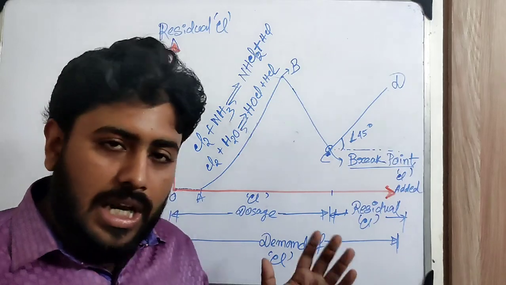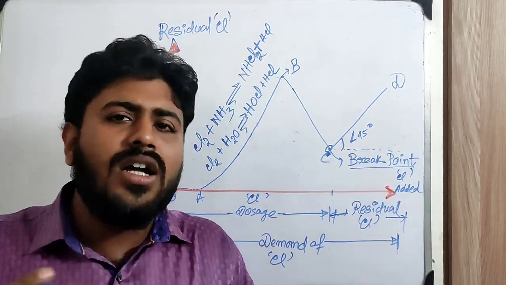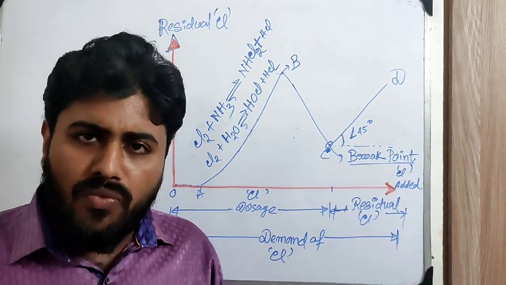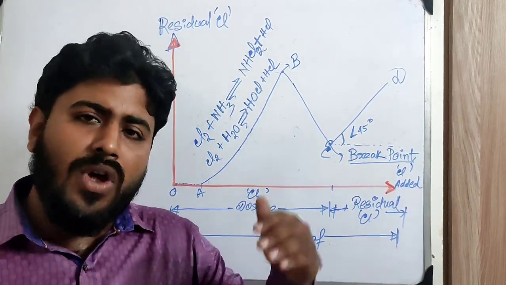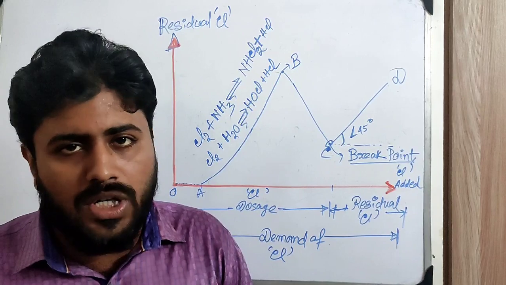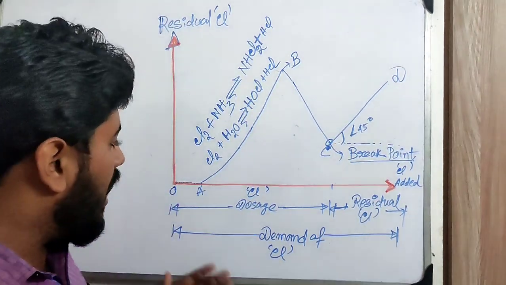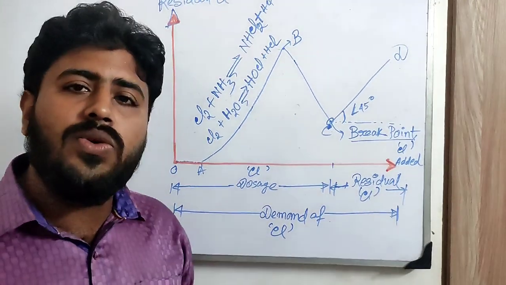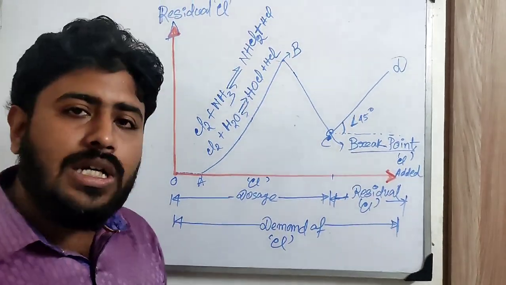Now, disinfection is the last treatment process among the entire water treatment processes, from intake to distribution unit. Now coming to this graph, this graph is known as the chlorination graph or chlorination curve.